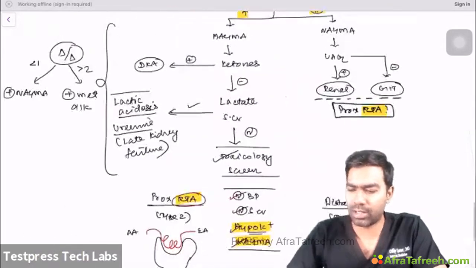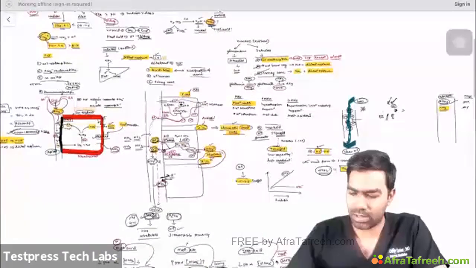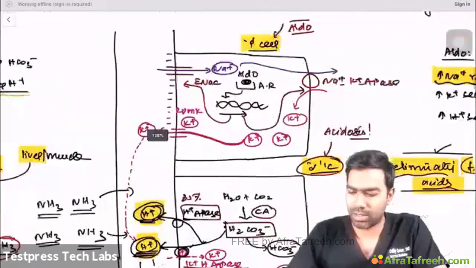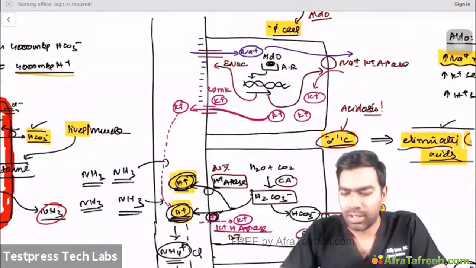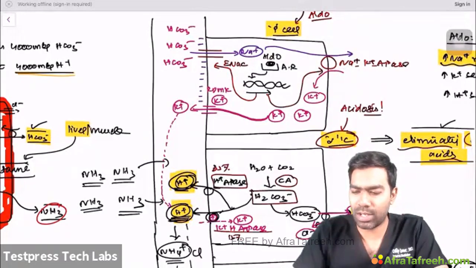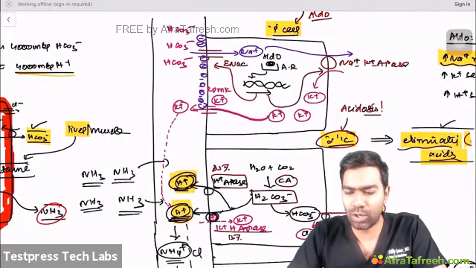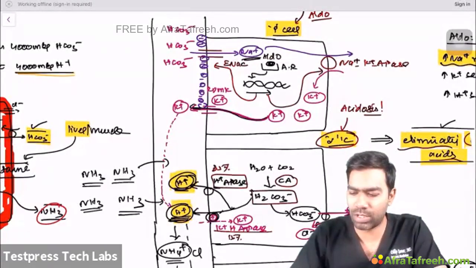The answer is there in your previous diagram itself, which I have drawn very clearly. So these patients are known to have bicarbonaturia. They are going to have too much bicarbonate in the urine. This bicarbonaturia is going to increase the negative charges in the distal part of the nephron. I told you the movement of sodium inside produces negative charges, and that's the thing that pulls the potassium out.